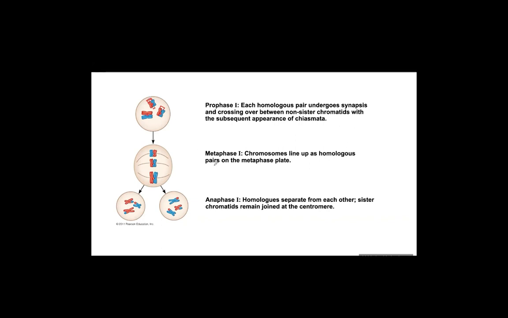Now, metaphase 1, chromosomes line up as homologous pairs on the metaphase plate, the equatorial plate. Anaphase 1, homologous chromosomes separate from each other.